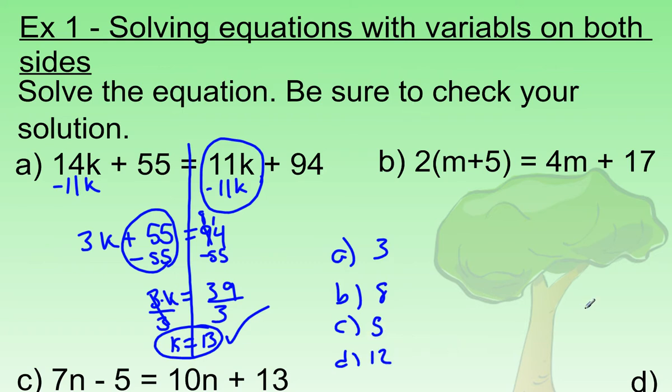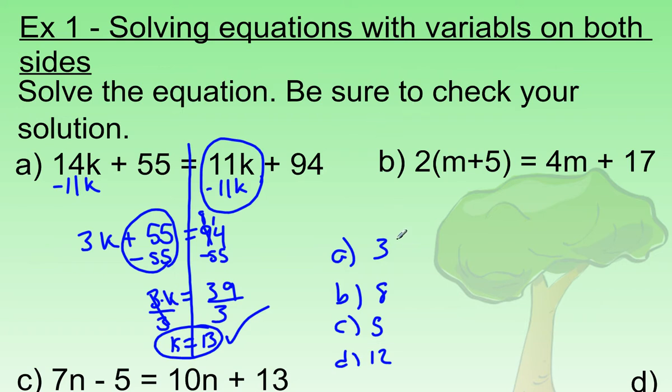Now, you could go through and you could solve this problem like normal. By the way, I don't know if any of these 4 answers are correct. I just made them up off the top of my head. But you could go through and solve the equations like we just did in example A and get your solution. Or you might find it easier to just go through and check each of these solutions.